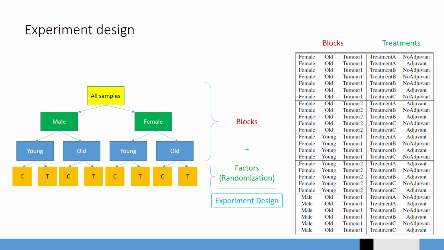And if it is not catastrophic, the design is said to be incomplete, and the comparisons can be affected. When you are comparing treatment A with treatment C, for instance, and C has not been seen in this block, then it is a little bit compromised, and especially the variances can be pretty large. So it is better if all treatments appear in all blocks. But if it doesn't happen, be aware that it can be catastrophic.